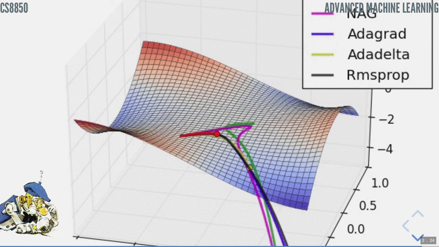As you see, RMSprop in this particular example and Adagrad are behaving quite well, and then the magenta one, Nesterov accelerated gradient, catches up. This is a saddle point, by the way, but all of them eventually manage to escape, some faster, some slower, from this saddle point.